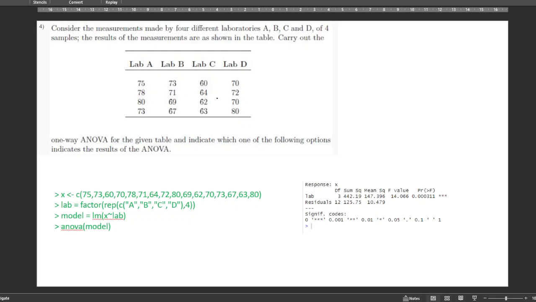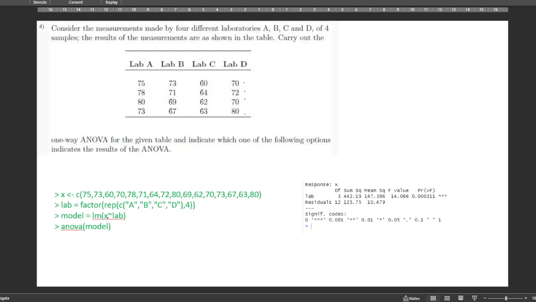Similarly, after giving the values, I'm telling it to repeat A, B, C, D, 4 times. These values have to be taken 4 times, 1, 2, 3, 4 as A, B, C, D. So that is what I'm giving in the factor and repetitions, 4 times.